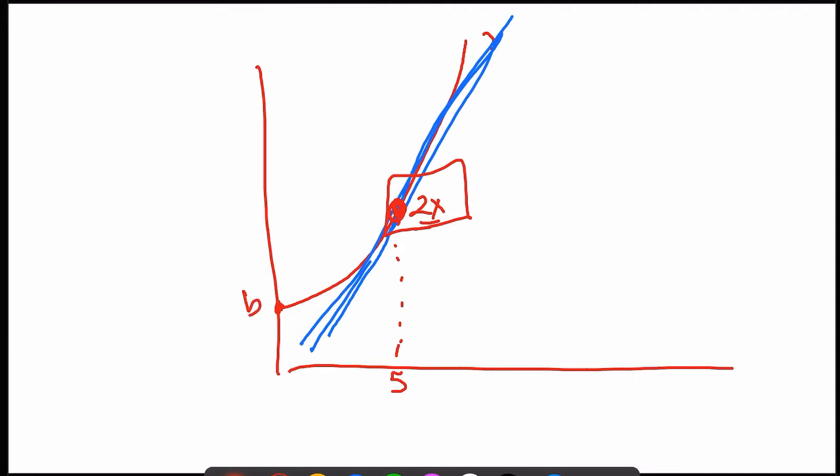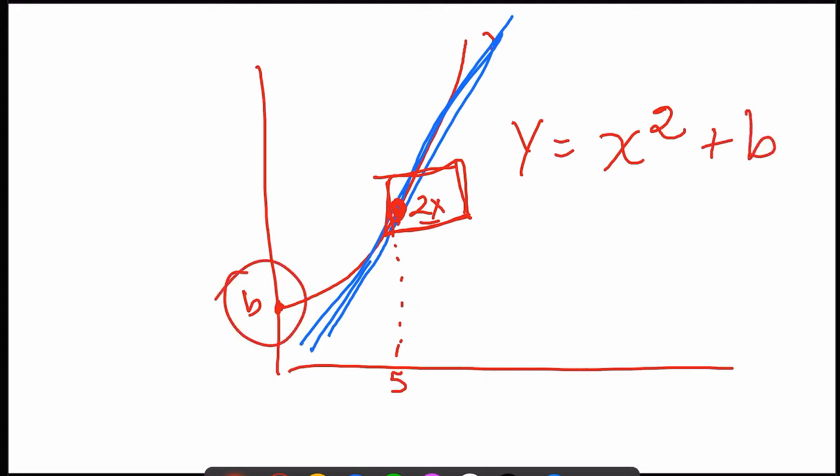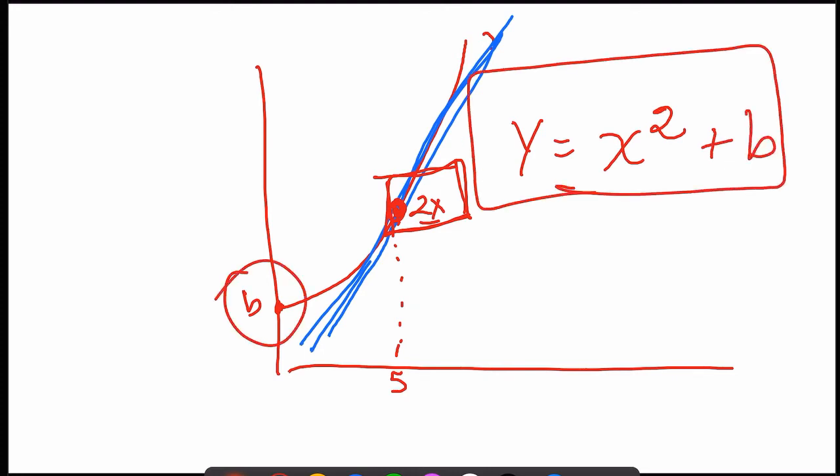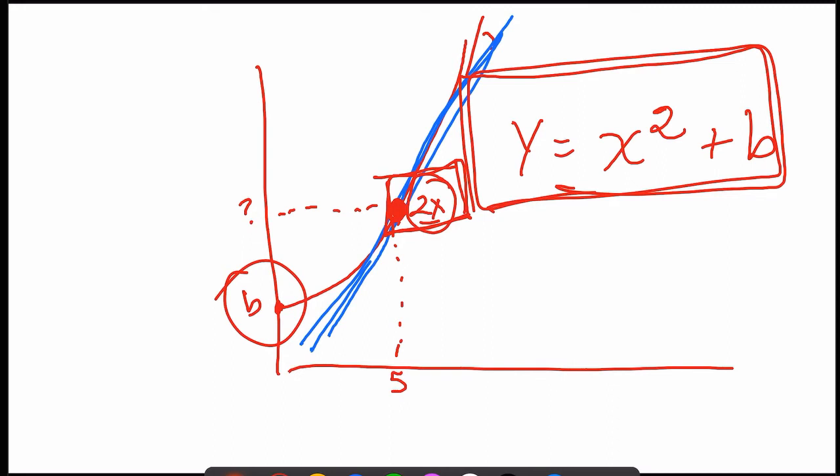Well, I know the function that comes from y = x squared, and then the equation's going to have a constant, and I can work backwards and get that. So again, if I know a point, which I do, it's 5 and whatever this is, and I know the slope, I can actually find the equation for the line. It's like a miracle or something.